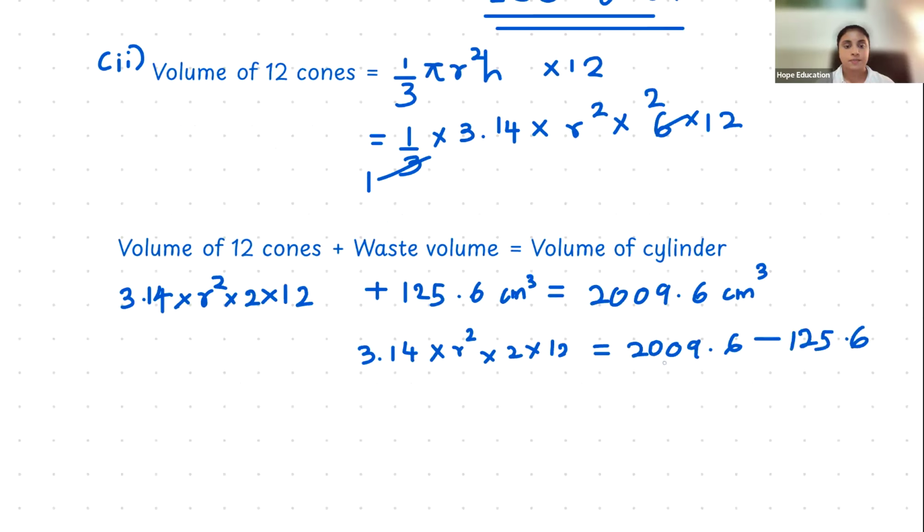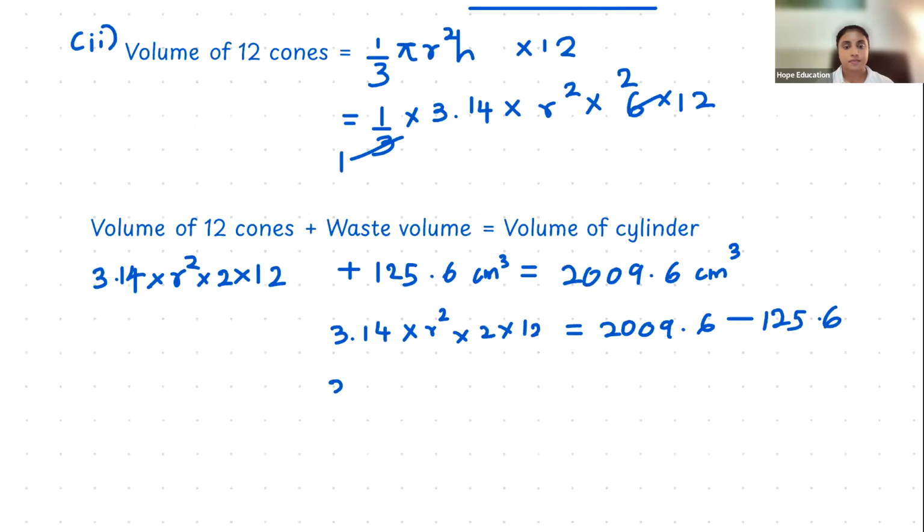So 6 minus 6 is 0. Then 9 minus 5 is 4. 0 minus 2, borrow, 10 minus 2 is 8. Then 10 with 9, 9 minus 1 is 8.